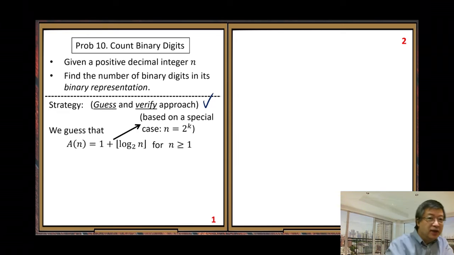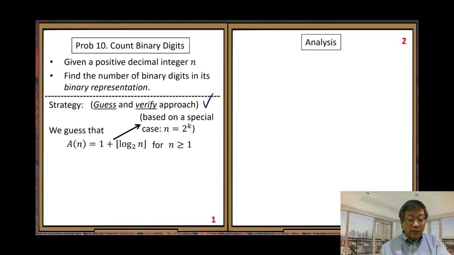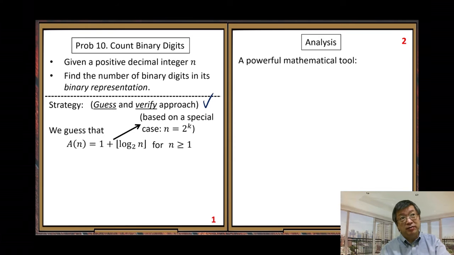All right, next, let us do the proof. But how do we prove it? We need something special, a powerful mathematical tool. So what's that? You learned that before in your discrete math course, Math 3000.